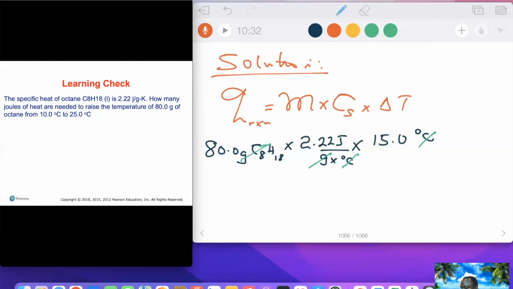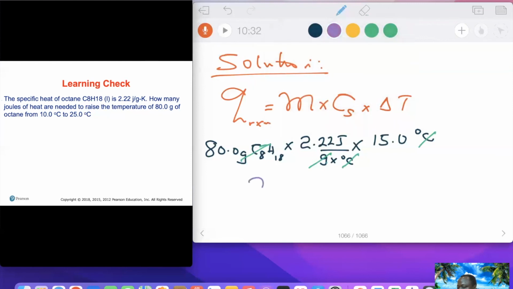Look at the units. Here we have grams. Mass, grams and grams, we cancel that. So mass times specific heat, and then we remain with joules. So if we plug that into the calculation, you'll end up with this.